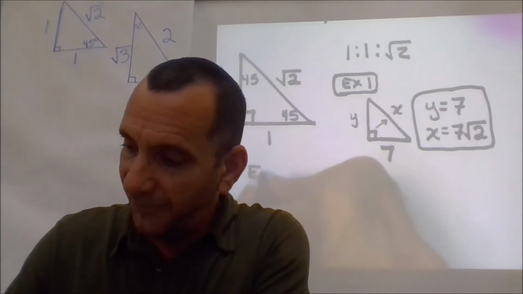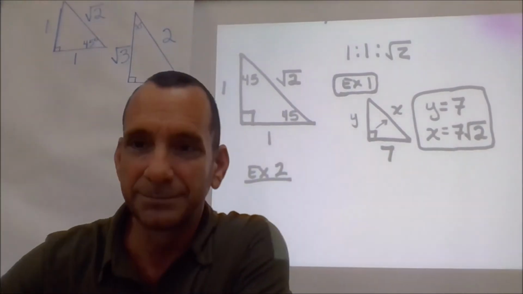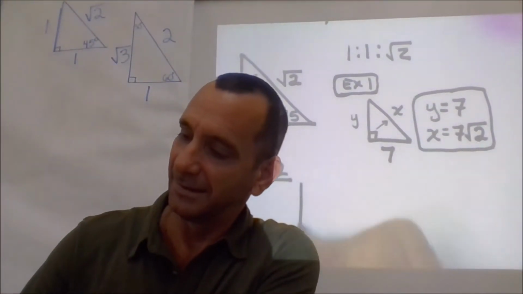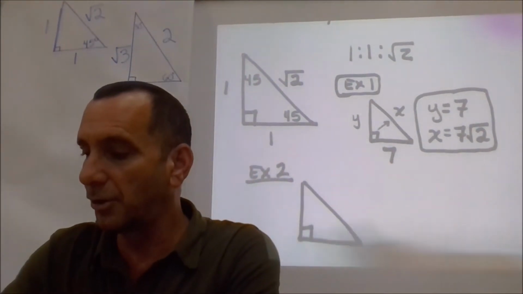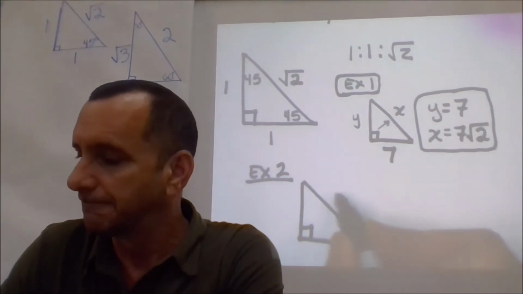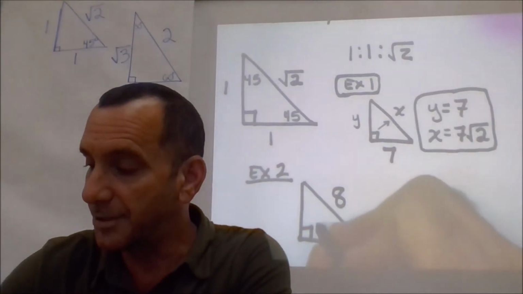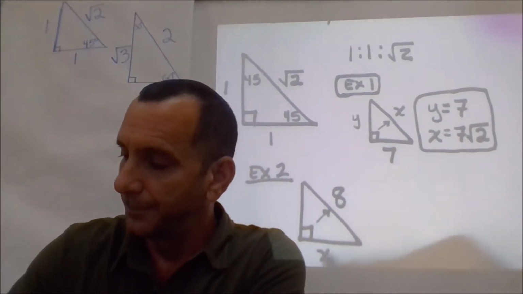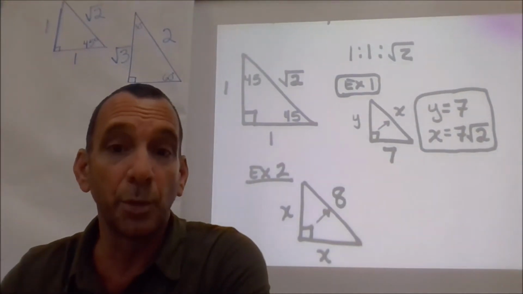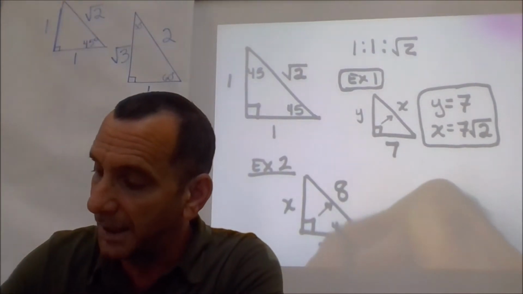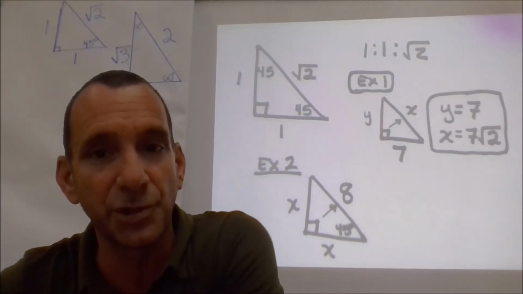What if you were given the hypotenuse? Let's look. Here's my 45, 45, 90 triangle, and I'm going to call this 8. Okay, so the hypotenuse is 8, and I'm going to put x's on the sides. If I put an x and an x, x are equal, that means the legs are equal, and automatically we know that that's a 45, 45, 90 triangle.